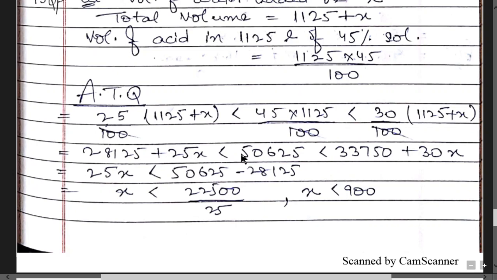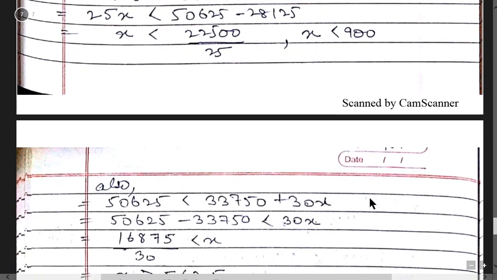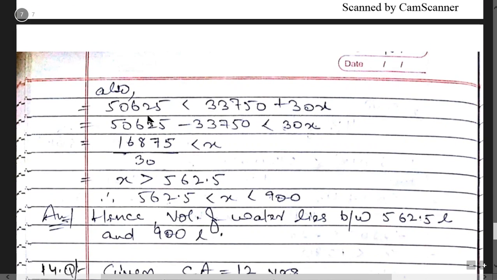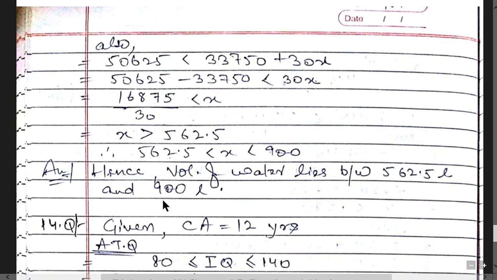Now select first and second term, you will get 25x less than 50625 minus 28125, it's 22500. When divided by 25, it gives us 900. Now select the second and third term, you will obtain the value of x as x greater than 562.5. It means x ranges from 562.5 liter to 900 liter.